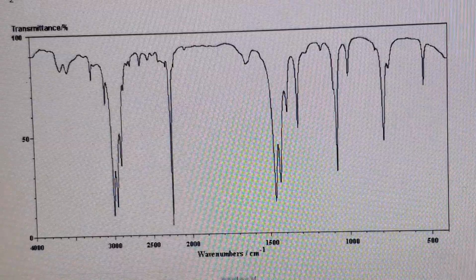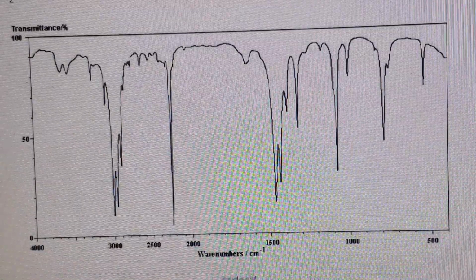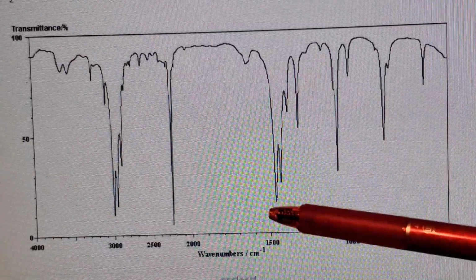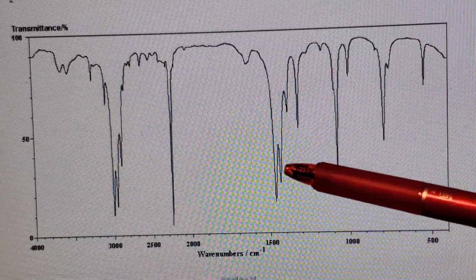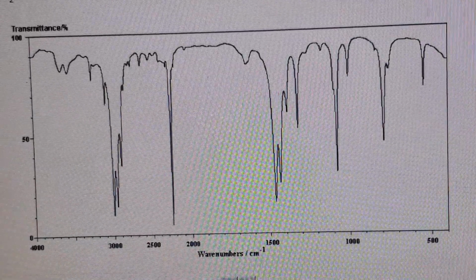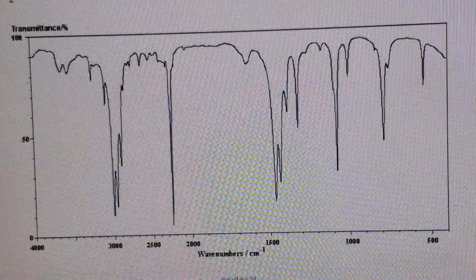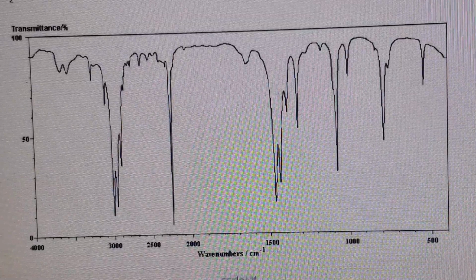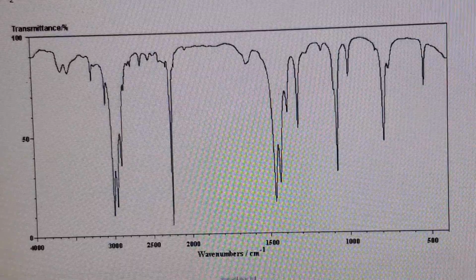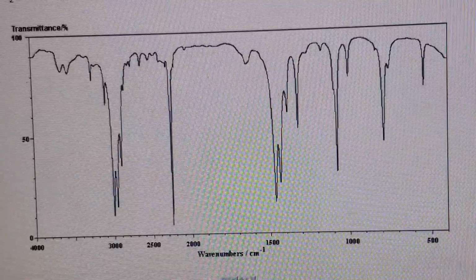Then you go to the double bond area, and you already enter the bending vibration area. So it's fairly difficult to believe them as sp2 carbon double bonds. So the best guess, only based on this IR spectrum, would be you have a nitrile, CN triple bond.